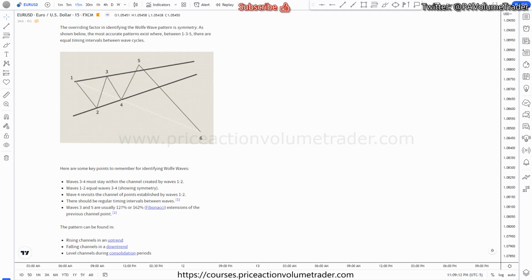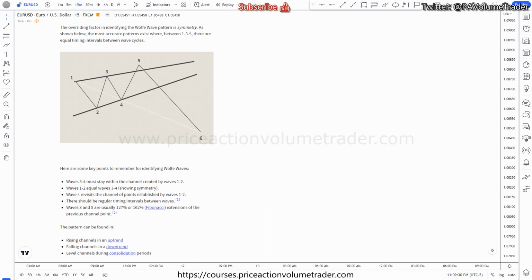If you're an Elliott wave trader, there is some wave counting when it comes to the Wolfe wave, where you have 5 waves, 1, 2, 3, 4, 5. And now we're going to go over these specific characteristics.